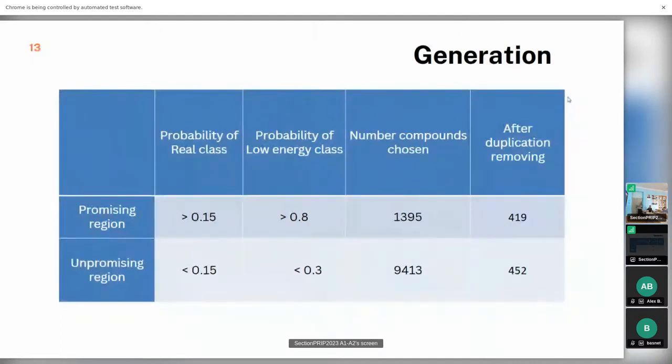You can see the conditions in the table, and there were a lot of duplicates because the junction tree variational autoencoder works on graph representation, and it is difficult to separate vectors located near each other in the latent space.